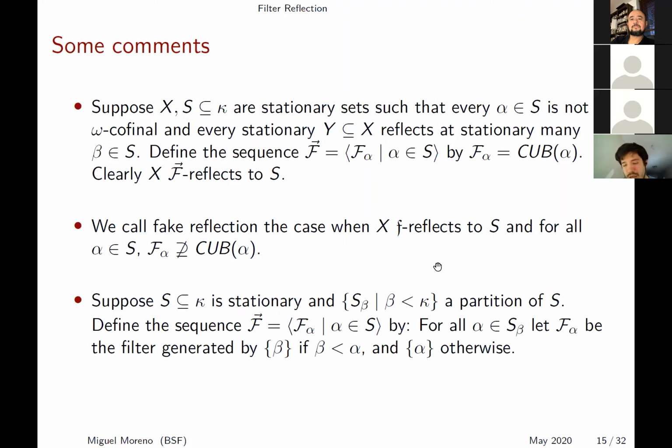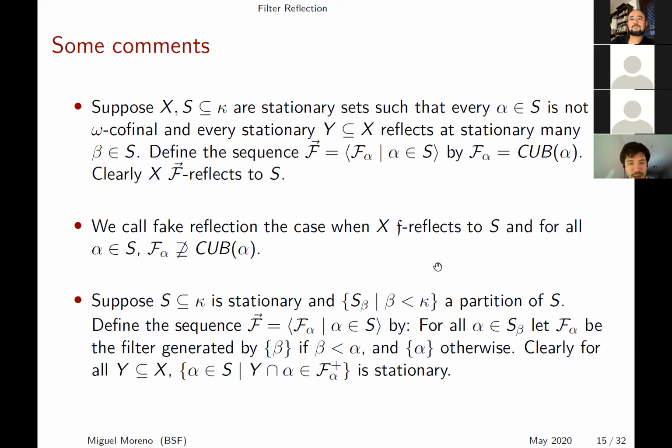If you take Y a subset of X, then Y intersected alpha belongs to the intersect of the elements of F alpha only depending on whether beta is an element of Y. And eventually you will reach a point in which beta will be an element of Y intersected alpha. So it will be stationary, but it will not capture clubs.